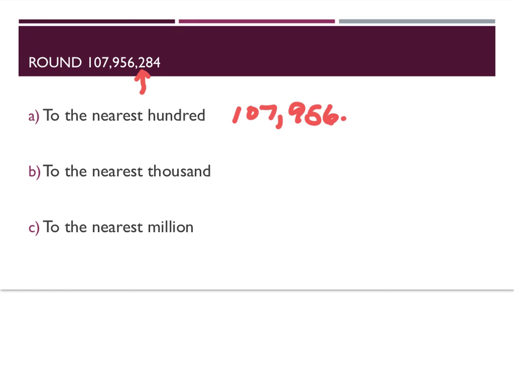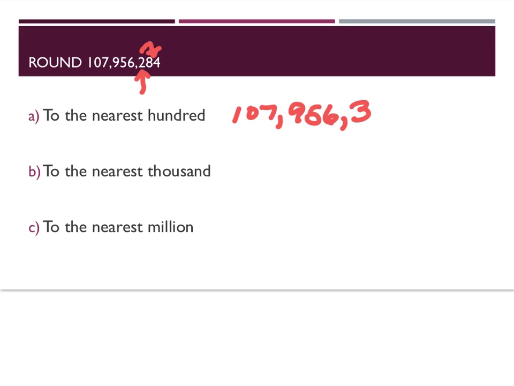Now, when I get to hundreds place, either my answer is going to stay 2 or it's going to round up to 3. The way I decide that is to look at the number that comes after the 2. That number is an 8. If that number is 5 or above, I don't keep the 2, I'm going to round up to a 3.